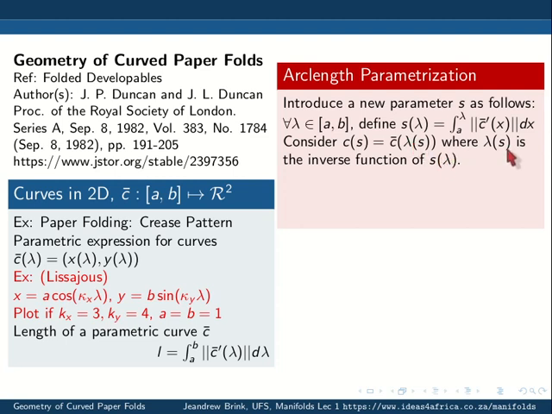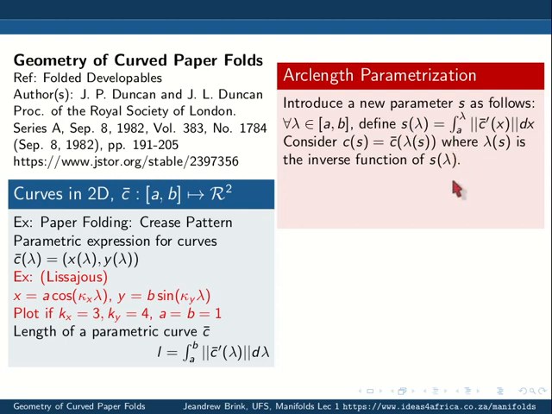And lambda of S is the inverse function of S of lambda. Typically, these integrals are nasty, but there are tricks that I'll show you when I look at an example that allow you to work without actually working out the integral. And you've already come across some of those tricks with the Mino parameterization.